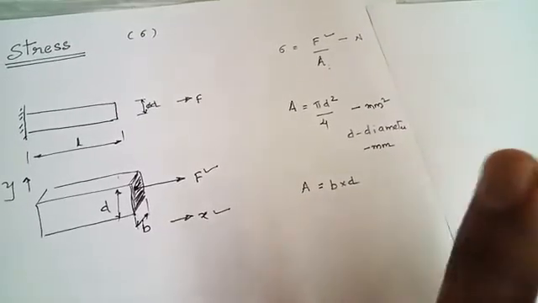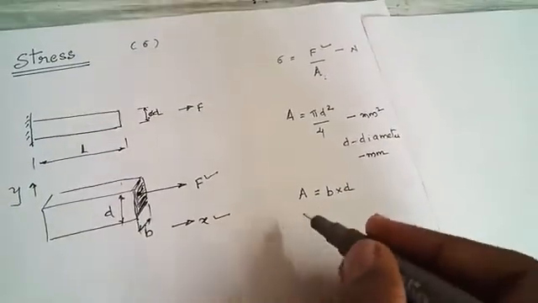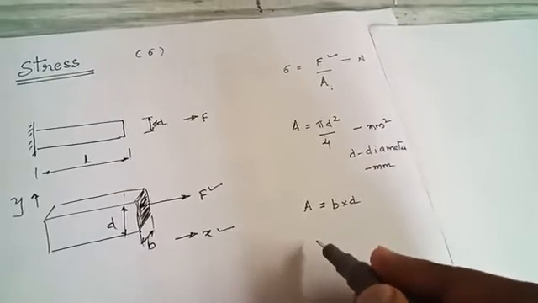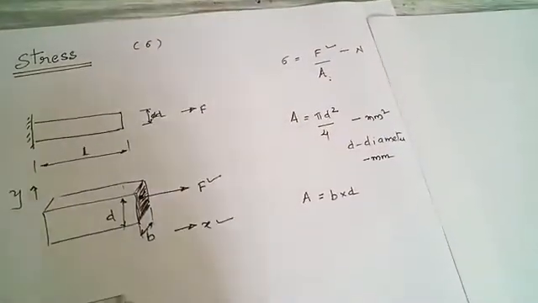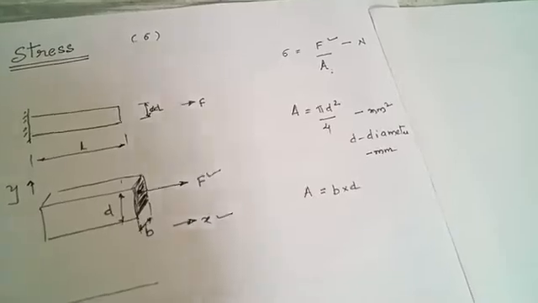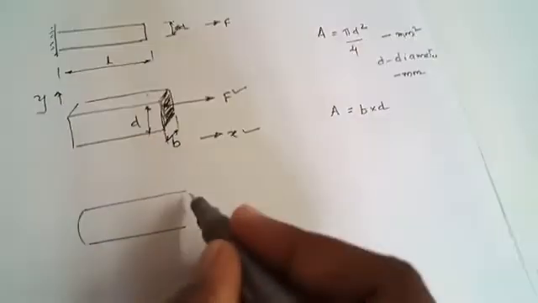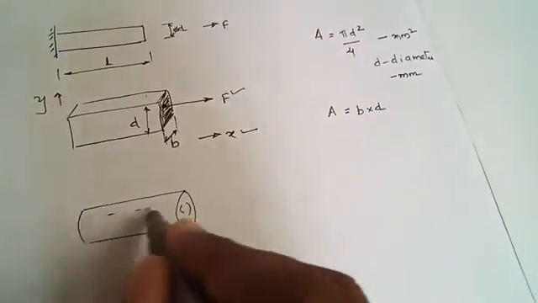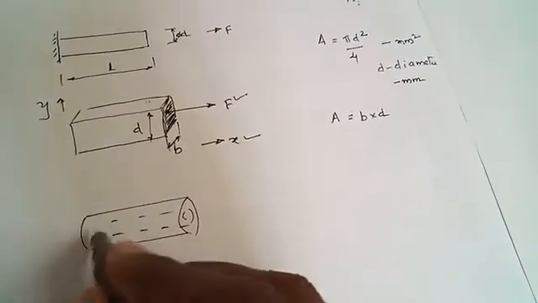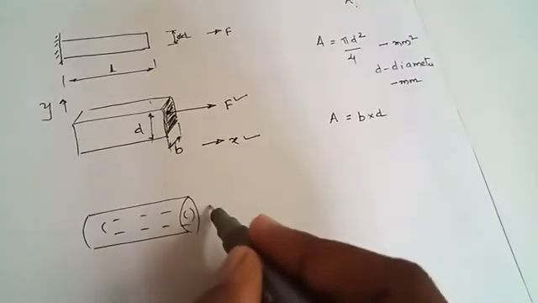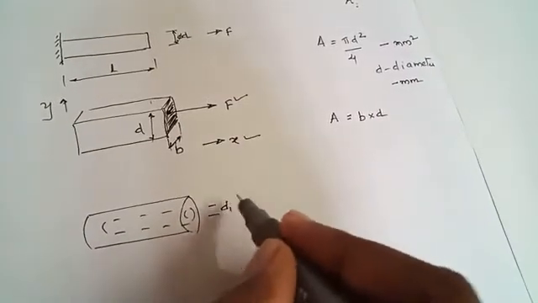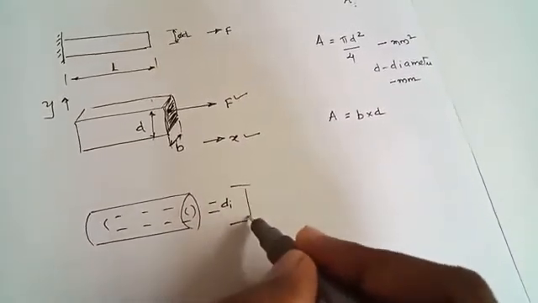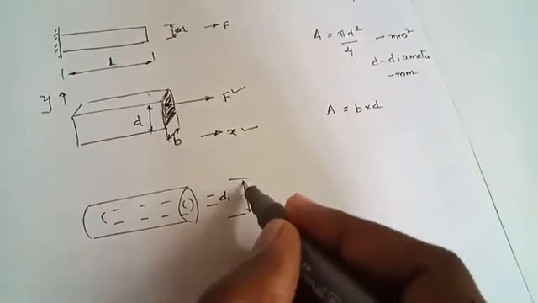Okay, and then if it is a hollow one, if it is a circular hollow, like this, it has an internal diameter as di, sorry, and external diameter as d0.